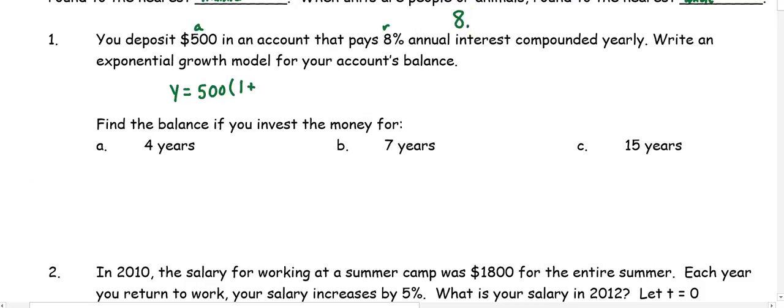Remember, to go from percent to decimal, we move the decimal point 2 places. We don't know our time yet, so we're just going to leave t as an exponent. This simplifies to y equals 500 times 1.08 to the t.